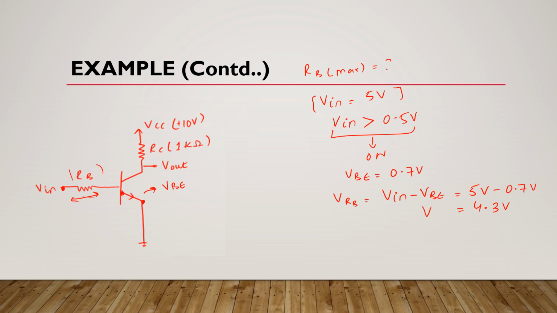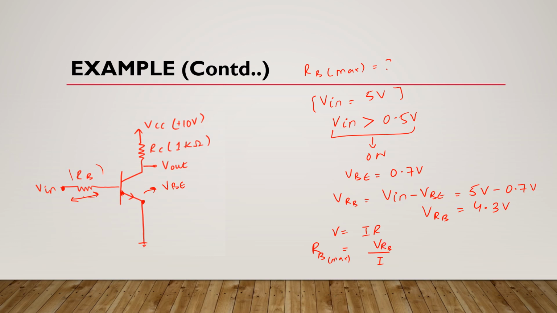This is VRB. Okay. From Ohm's law, we know that V is equal to IR. It means R is equal to V divided by I. Here R is RB max and this V is VRB.